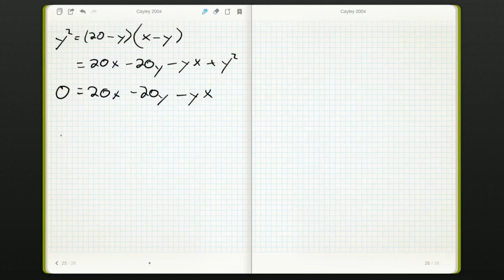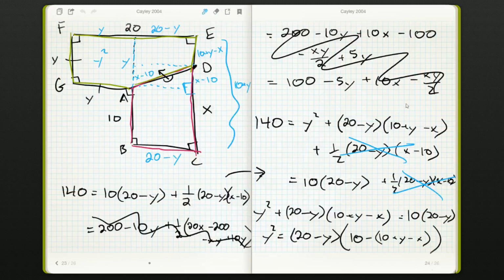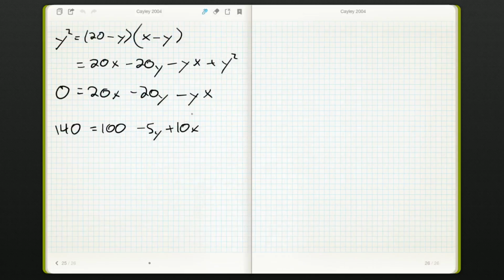I also know 140 is 100 minus 5y plus 10x, and then what was it, minus a half, minus xy over 2. Okay, so I can clean this up. We can have 40 is equal to 10x minus 5y minus xy over 2.